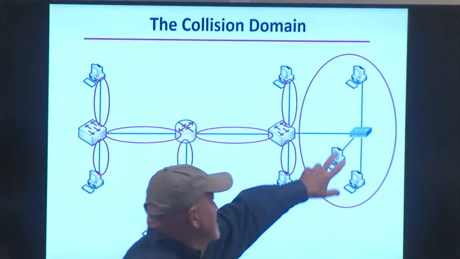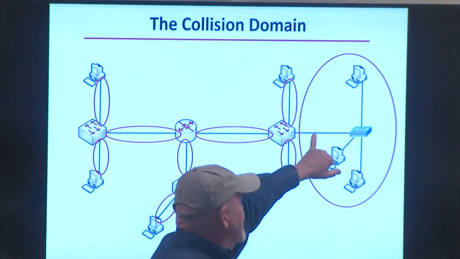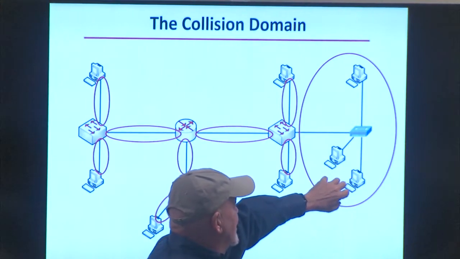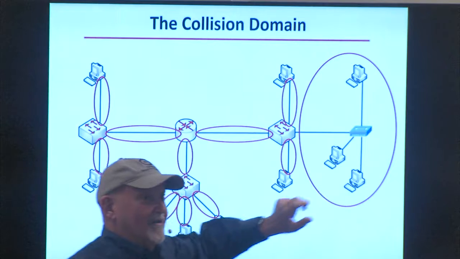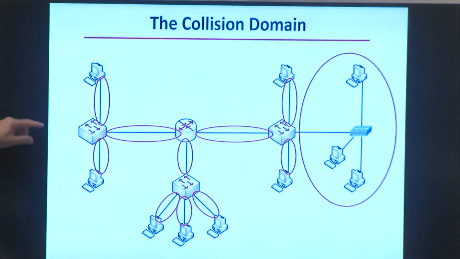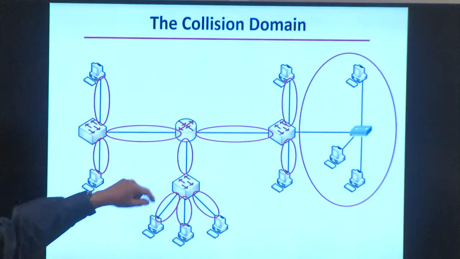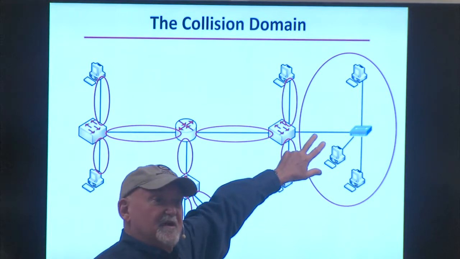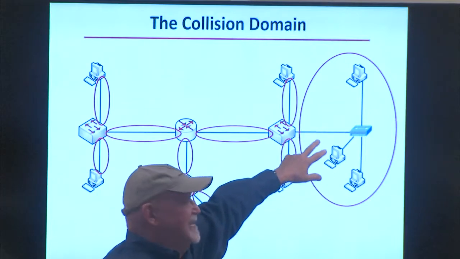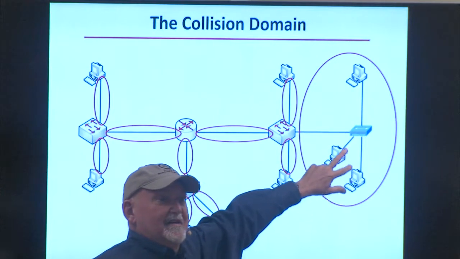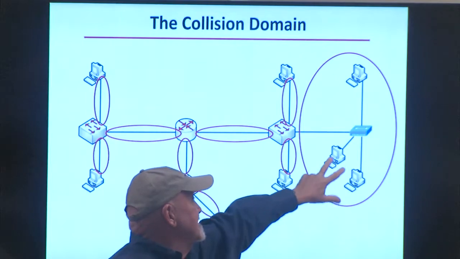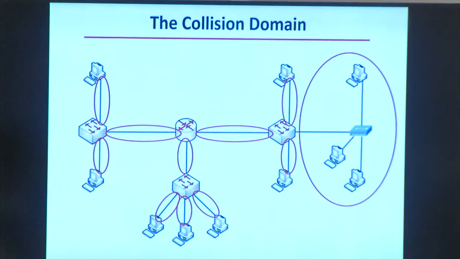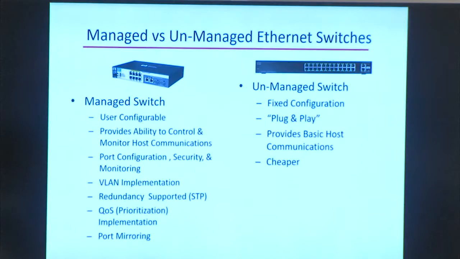Whereas over here, we have contention for this bandwidth from these three hosts, and also the auto configuration is going to automatically put this connection into half duplex mode, and it's going to downgrade the speed to the maximum capacity of the lowest capacity host device. So it's a way to degrade our performance.